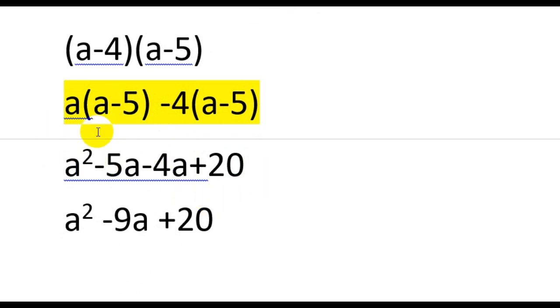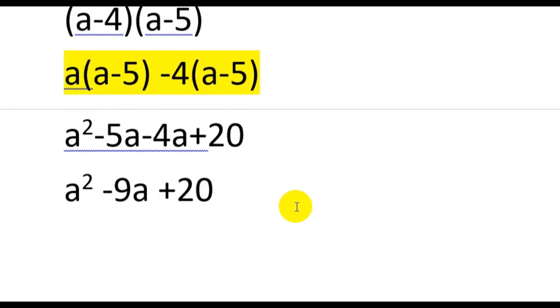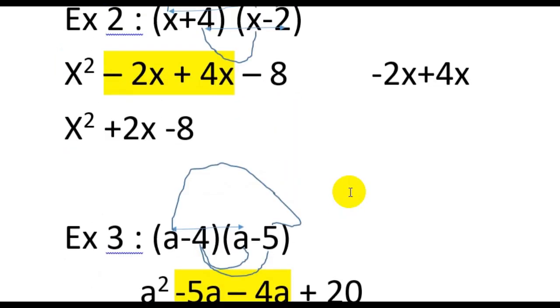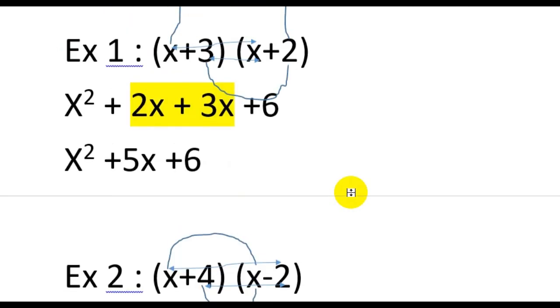So it is just one additional step you write to make sure you end up with the correct answer. So these are the possible ways you get questions to take the product of two binomial expressions.